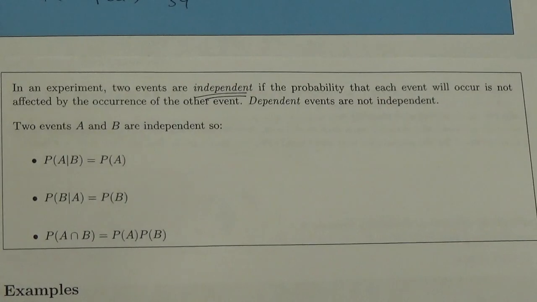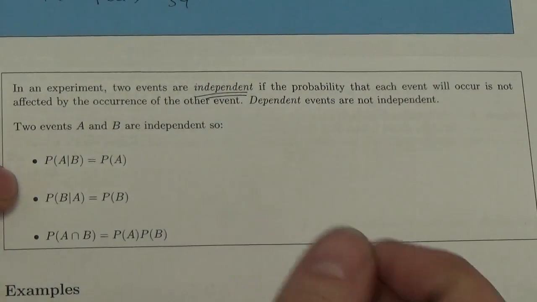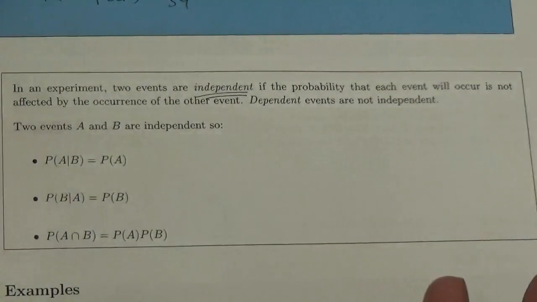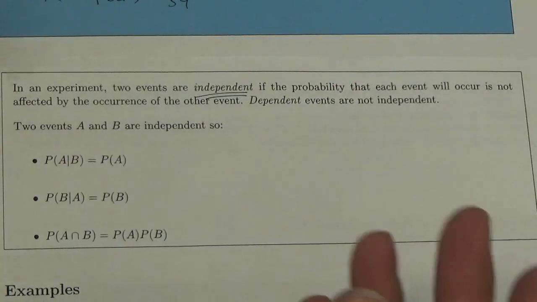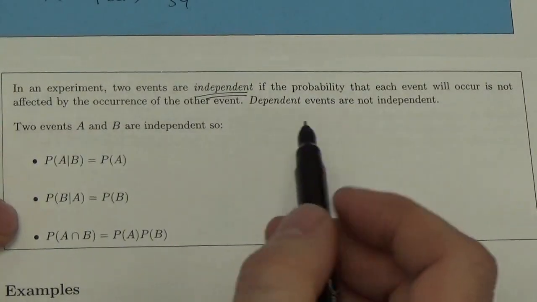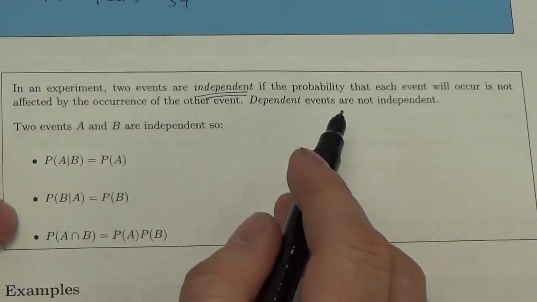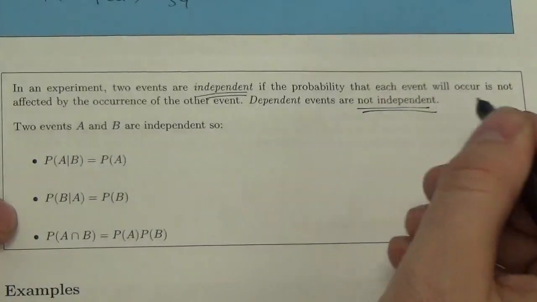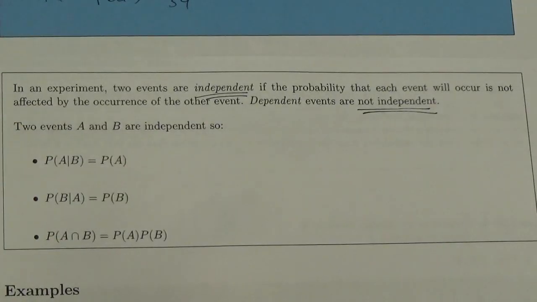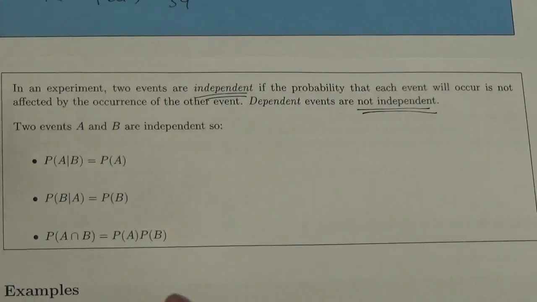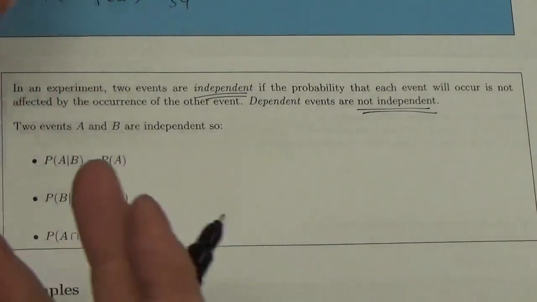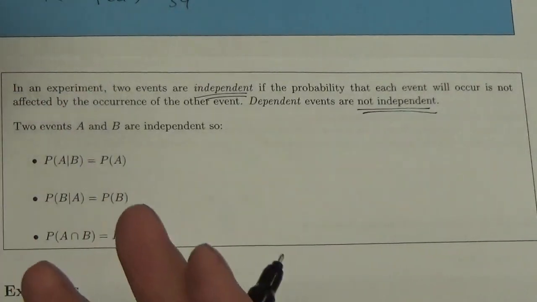Think about it like spinning a spinner or rolling a die. They don't affect each other. There's no interaction there at all.